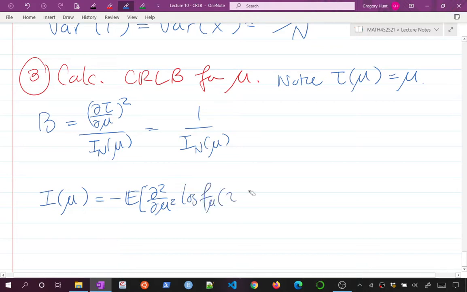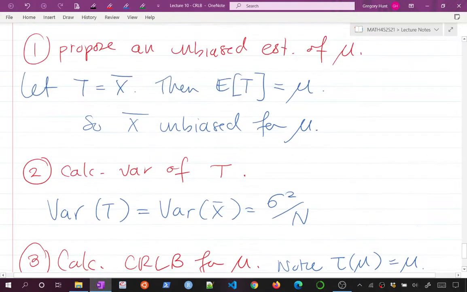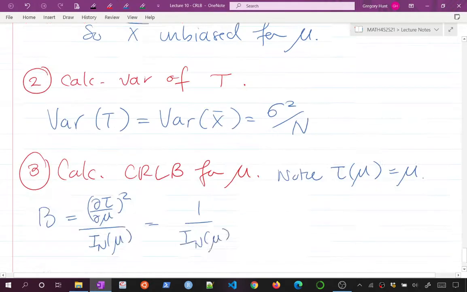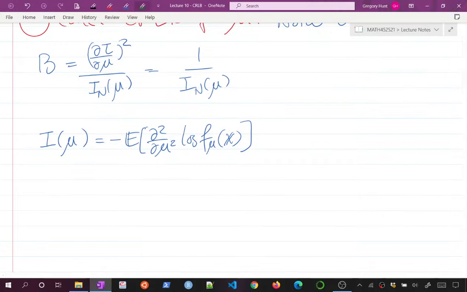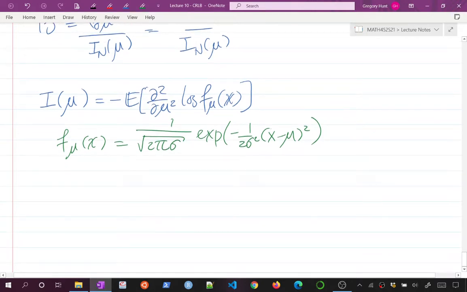That's our normal distribution, and here my x is generically just something from my normal mu, sigma squared distribution. And so we have to go through this whole rigmarole. f of x given mu is 1 over root 2 pi sigma squared, exponential of negative 1 over 2 sigma squared, x minus mu squared. If you do statistics as long as I do, you'll have that thing memorized. Hopefully by the end of this course, you'll have it burned into your memory, whether you want it or not.